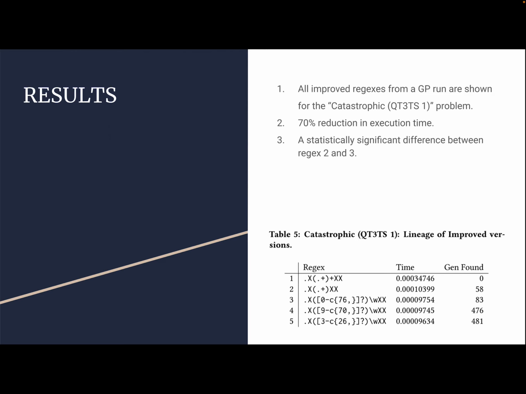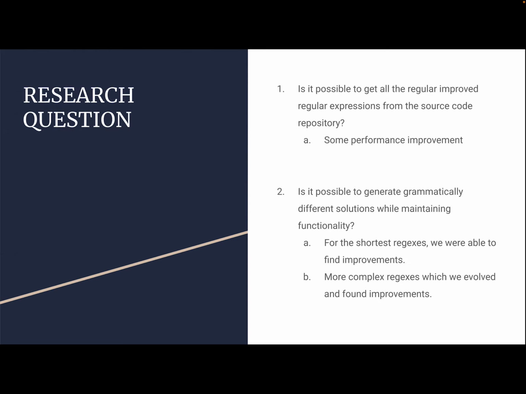They found a statistically significant difference between regex 2 and 3. Under further repeated tests comparing regexes 3, 4, and 5 in Table 5, no statistically significant difference was found between the running times of these regular expressions. This highlighted a limitation of this approach, whereby run-time performance variability can result in mutation.